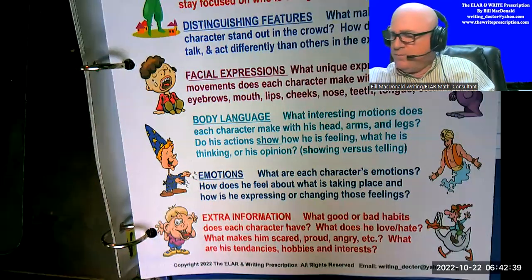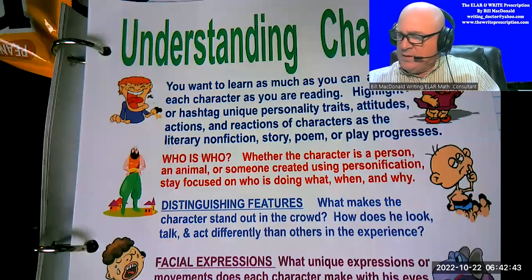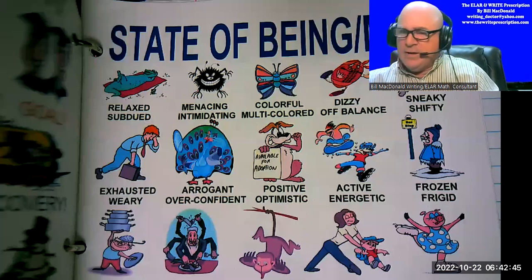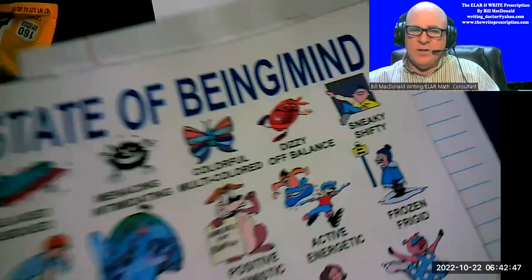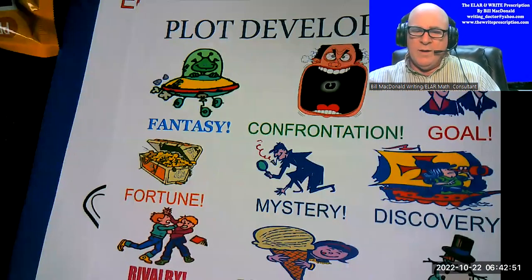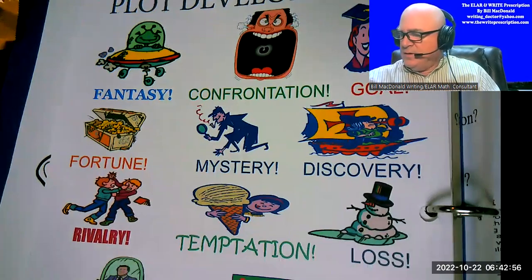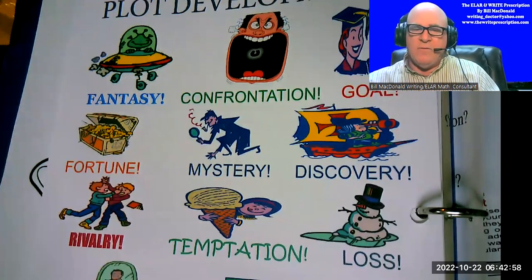Okay. Something else that's important is if it's a story like the one we're going to look at today, they're usually plot driven. And it's interesting that for one of the characters, Jonathan, it's sort of like a confrontation.